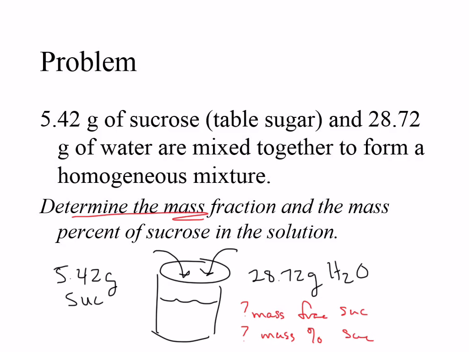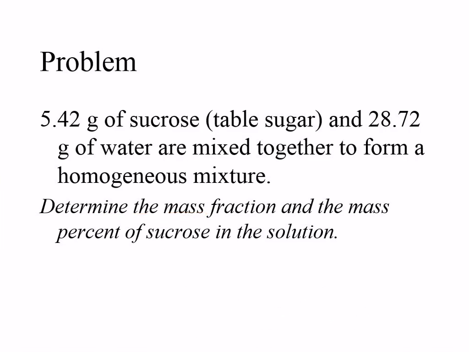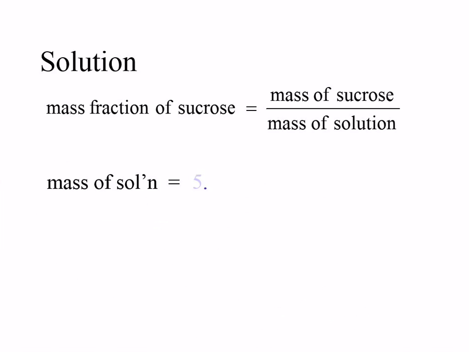So of course, the mixture has two components, this 5.42 grams and the 28.72 grams. So basically, I would come up with the mass of the mixture. The mass of the mixture, in this case, I'll tag it with solution. The mass of the solution is the mass of sucrose plus the mass of the water.